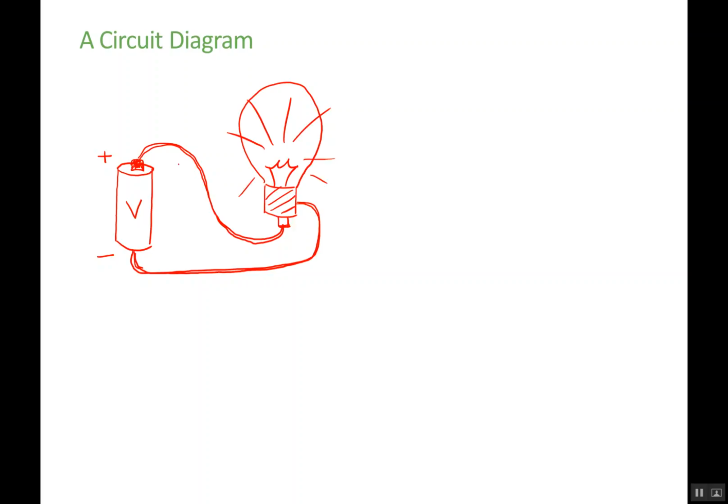In this circuit, the light bulb lights up because electric current starts flowing through the wire from positive back to negative.